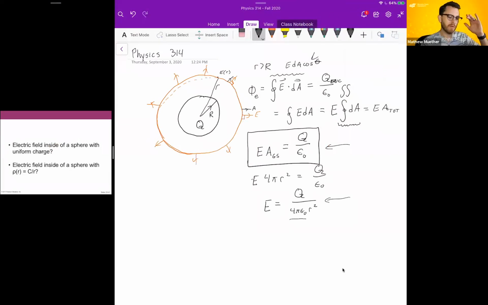Oh, before we go on to that next problem, I want to point out that this 1 over 4 pi epsilon naught, remember that's this thing we were calling k. K is equal to 1 over 4 pi epsilon naught for a while. And several people kept asking, why do you always want to write things down in terms of epsilon naught and not just call everything k? The reason, as can be seen here, is that this fundamental relationship between the electric field and the charges comes through Gauss's law, and that has just epsilon naught.